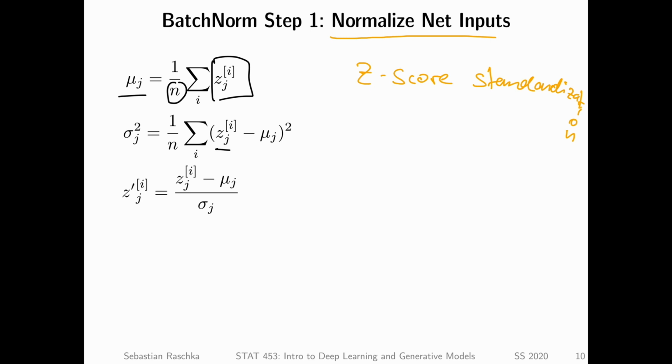And this is something we do for every layer separately. Again, like I said, let's not worry about different hidden layers. Just assume this is for a hidden layer. We would repeat the procedure for every hidden layer. So first we compute the mean. And then we compute the variance.